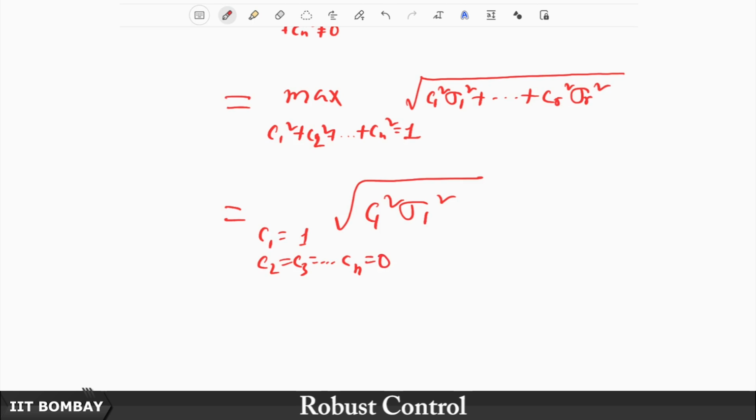You are basically choosing the unit vector that maximizes this, and you should go with that which maximizes your return. If you for instance choose C1 to be half and C2 to be half, that is going to be just 1/4 plus 1/4, half.